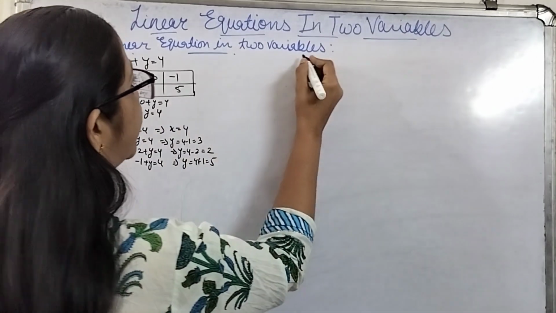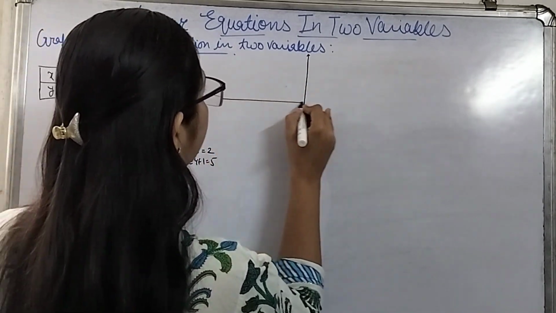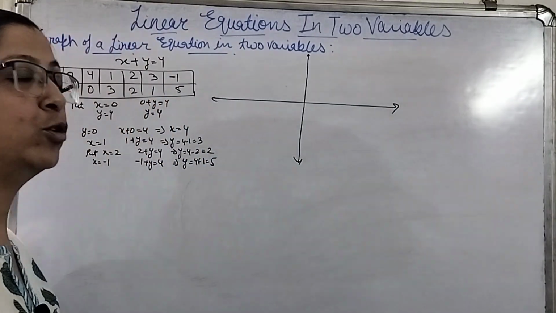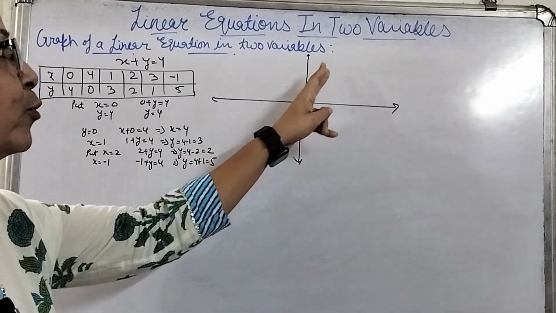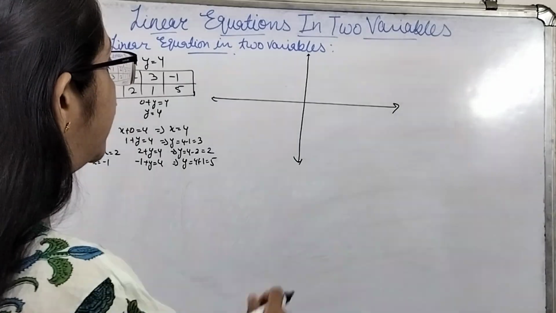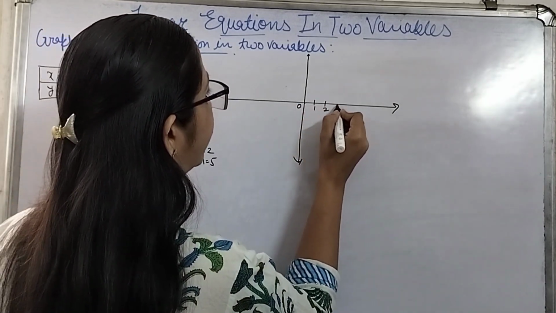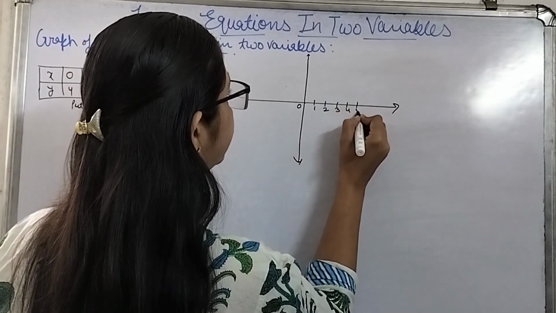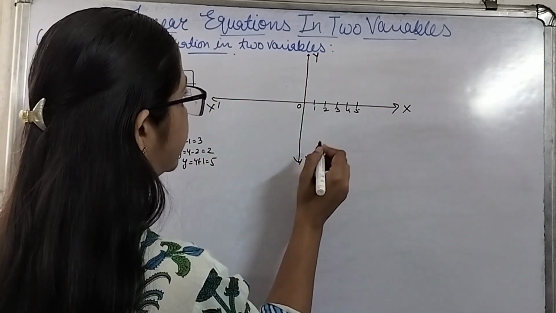Now if we are going to represent this graphically, in the last chapter, that means coordinate geometry, we have seen how to plot the points. If we have the values of x and y, how can we plot them on the graph? Over here in the center we have taken 0. On the right hand side we have taken positive numbers. This is your x axis, and this is your y axis.